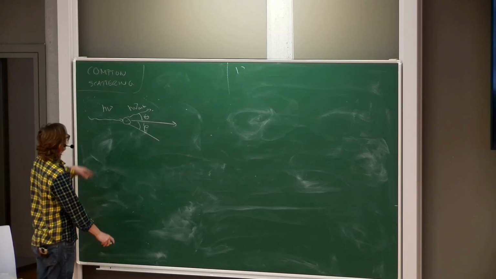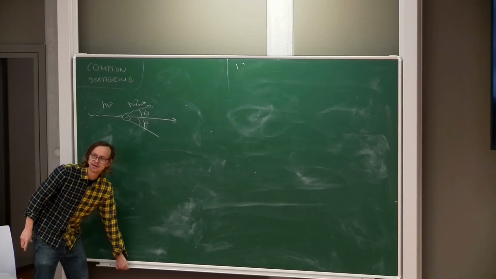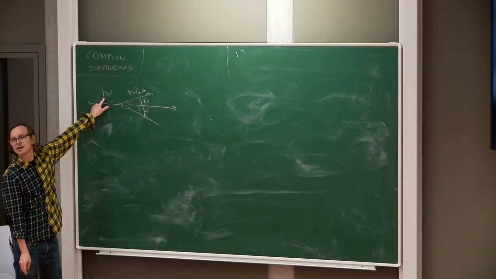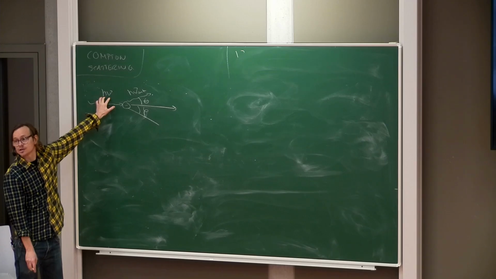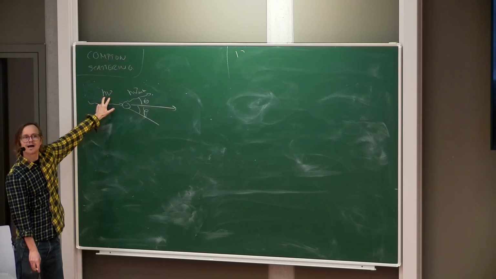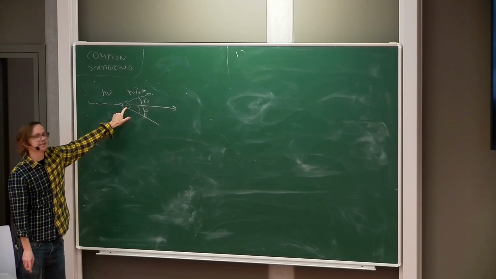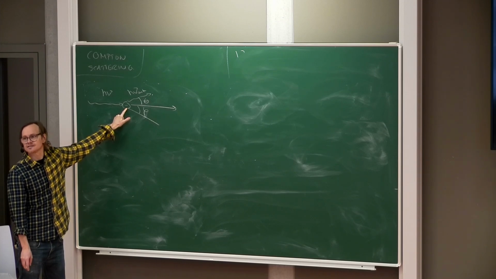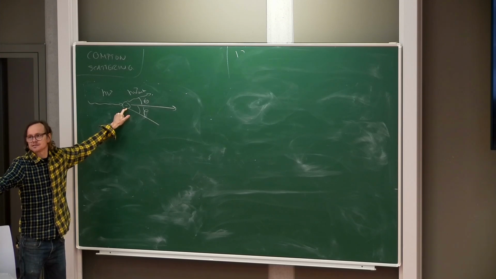And why is that? Well, now we are going to consider the case where we have low incoming photon energies. So this one is low, right? But the initial electron is not at rest. It's actually moving very, very fast. It's moving relativistically fast.